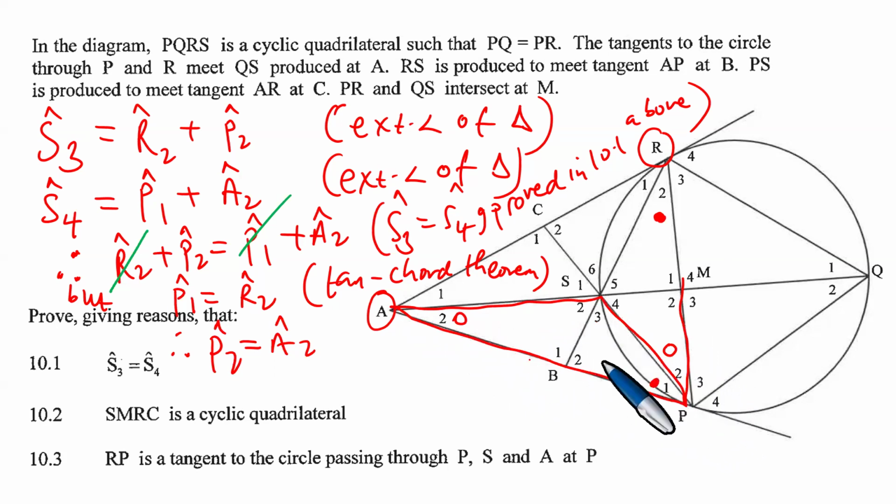This is obviously a geometry concept, but this is from grade 11, and we are able to celebrate this. So if this equals this, the conclusion, therefore, is RP is a tangent to the circle.